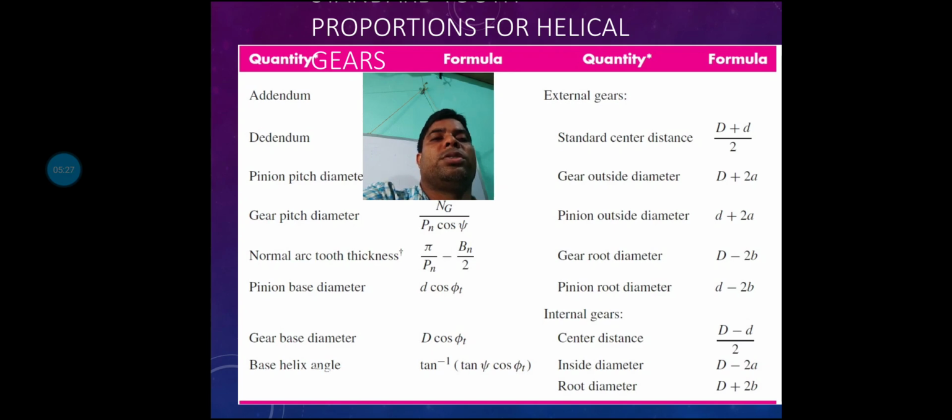On the other side, the normal arc tooth thickness will be p pi by Pn minus bn by 2, and the gear base circle diameter will be d into cos phi t, and the base helix angle will be tan inverse of tan psi into cos phi t. So these are the equations, which come from the standard nomenclature, and some equations also come from empirical formulas.